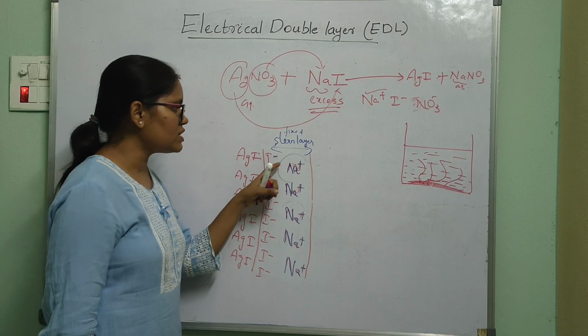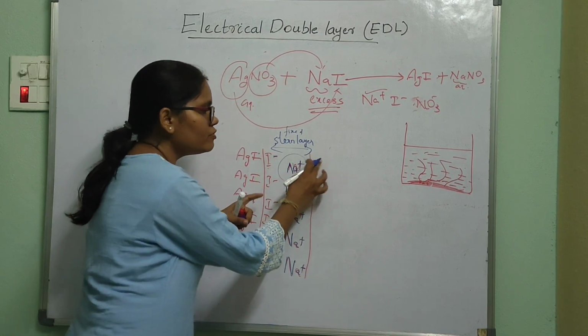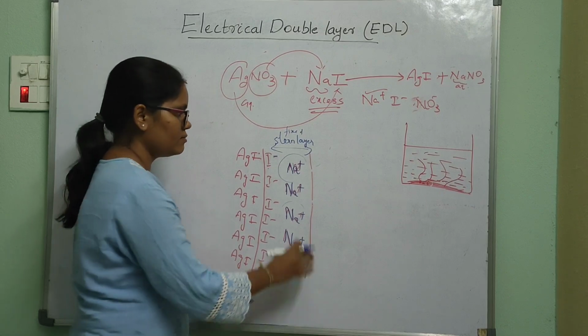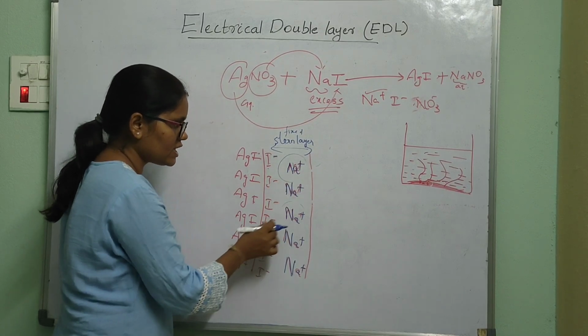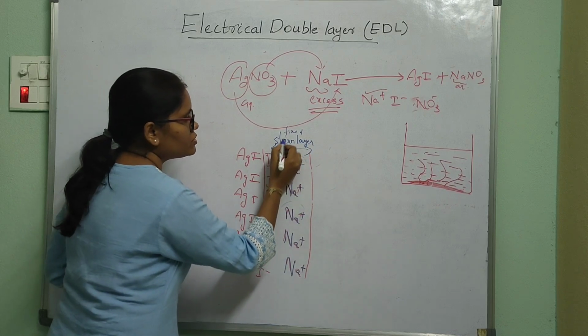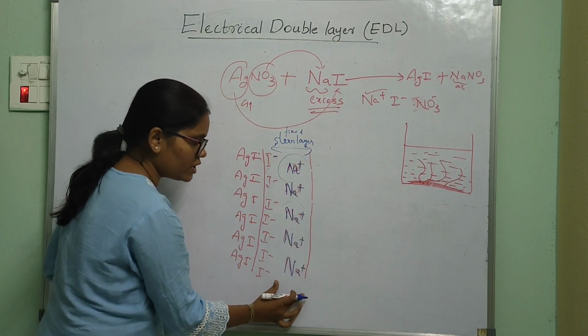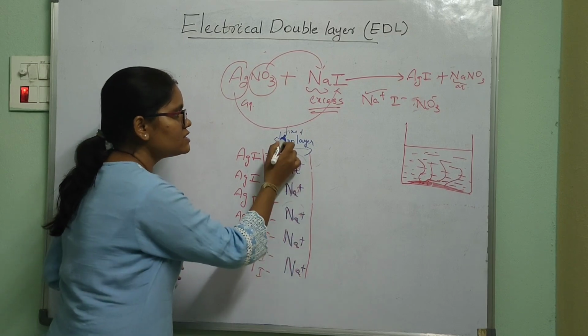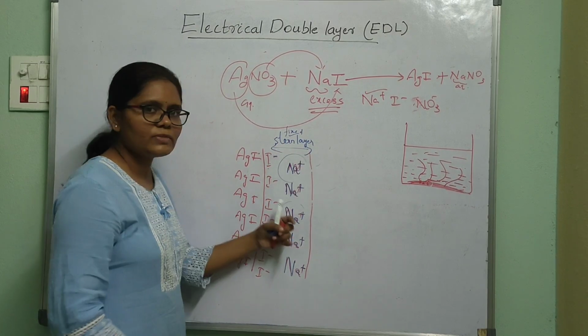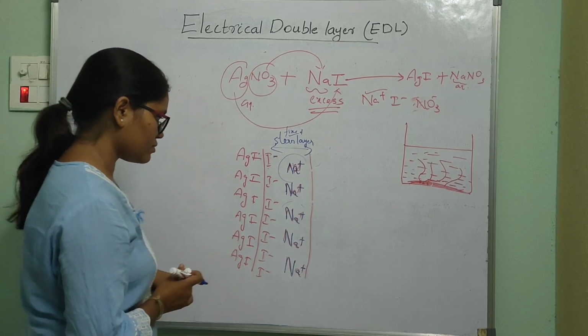Because sodium ions are strongly attracted by these iodide ions and their movement is restricted. Since they are attracted on this side, they are not free to move into the solution. So this is the Stern layer. The layer of these counter ions is the Stern layer, and this layer is fixed as its movement is restricted because of the attractive interactions.